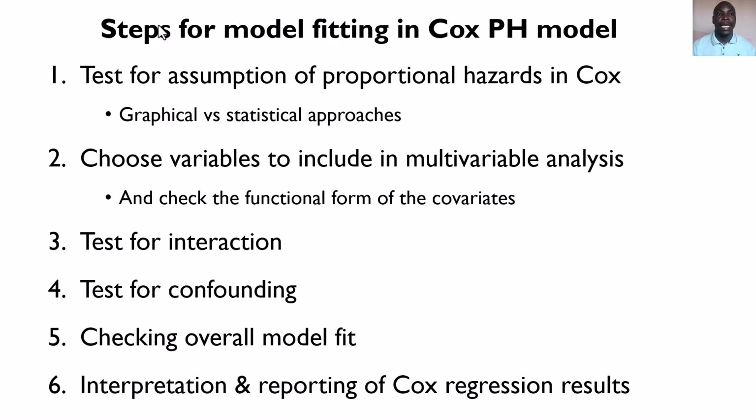The main difference lies in whether the main assumption of the standard Cox model has been violated or fulfilled. If that assumption, the assumption of proportional hazards or constant hazard ratio over time, has been fulfilled, we use the standard Cox. But if it has been violated by any independent variable, then we go for the extended Cox regression model, meaning we have to start by checking for the assumptions of the standard Cox PH model.